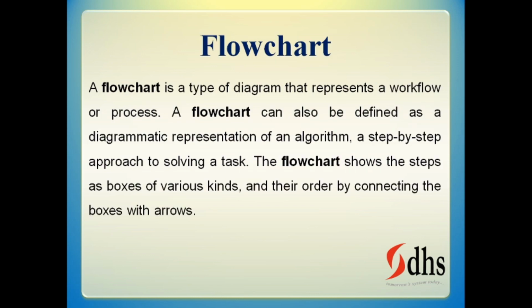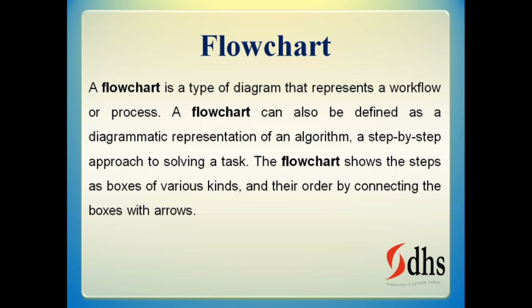Flowchart. A flowchart is a type of diagram that represents a workflow or process. A flowchart can also be defined as a diagrammatic representation of an algorithm. It is a step-by-step approach to solving a task. We already have the algorithm, and when we represent that algorithm in a diagram, it is called a flowchart.